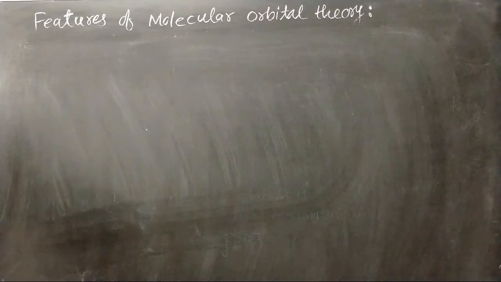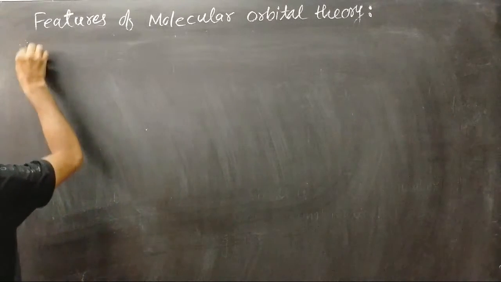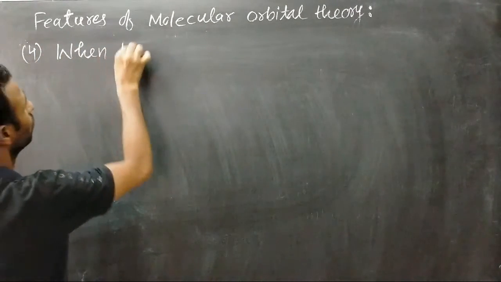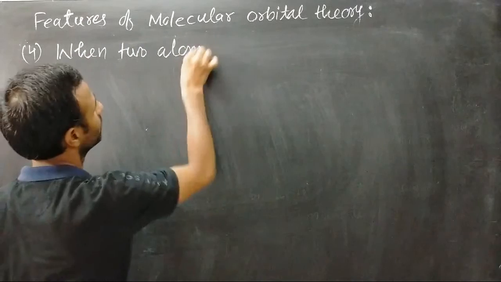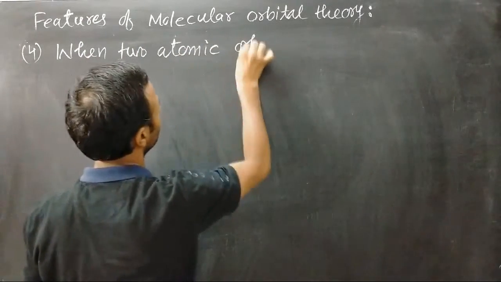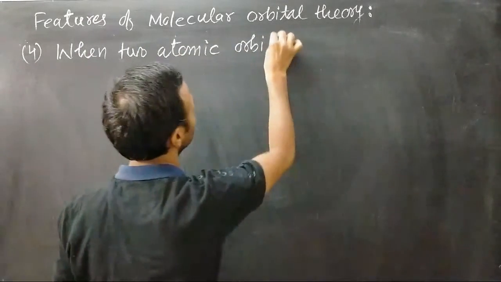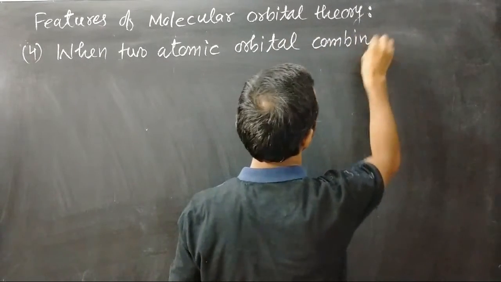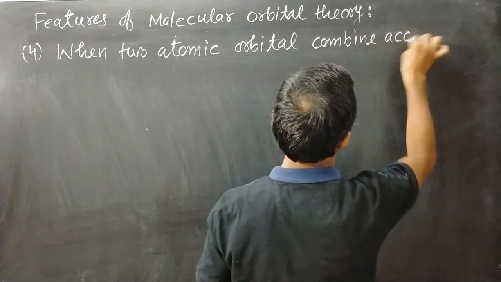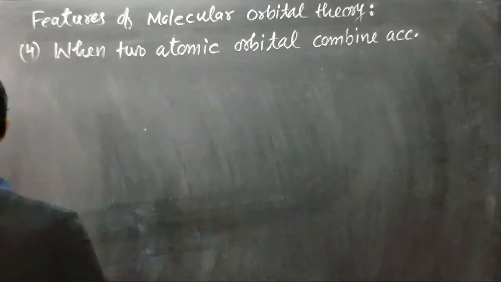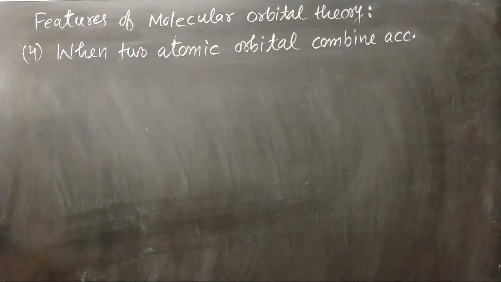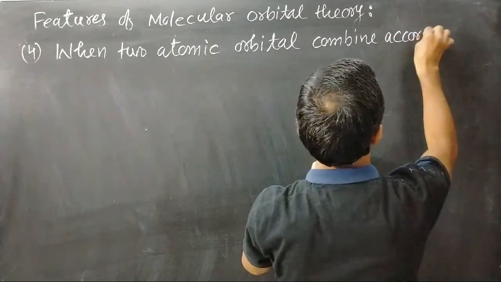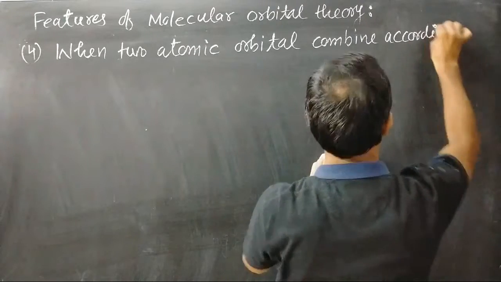Now fourth, when 2 atomic orbitals combine according to, we can write it, is it visible?